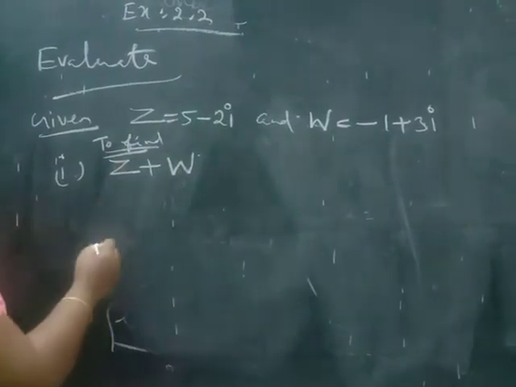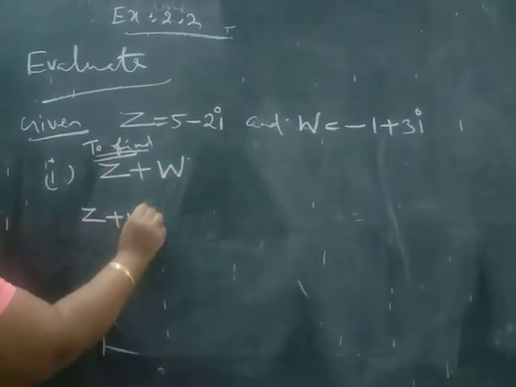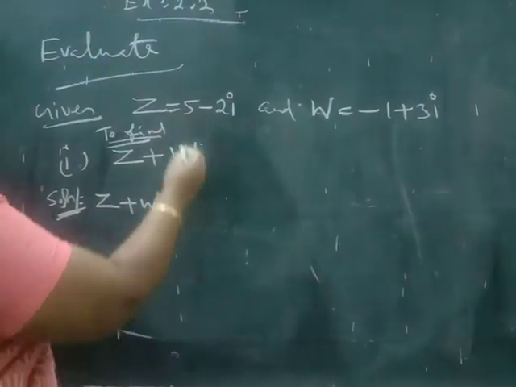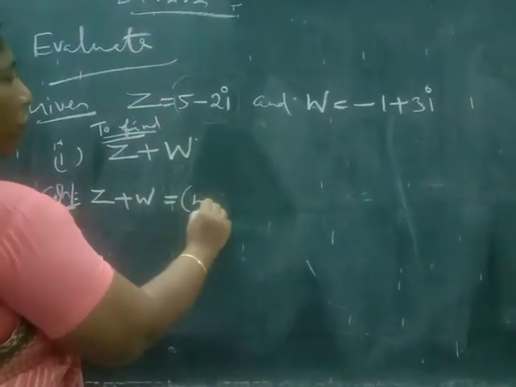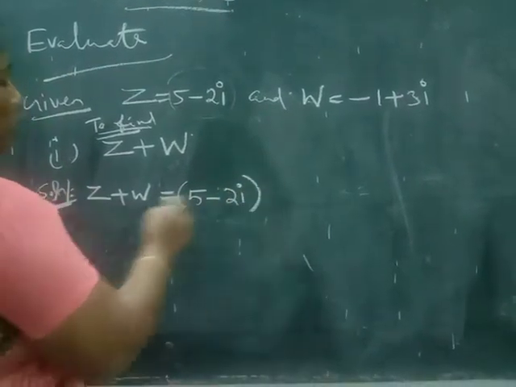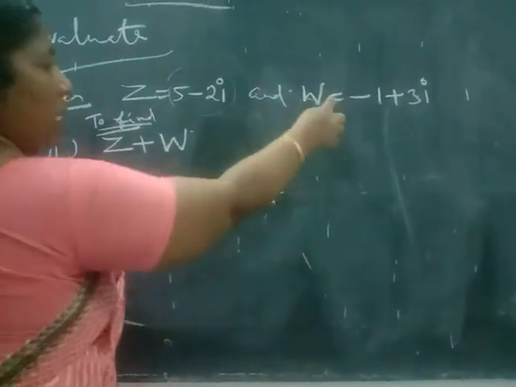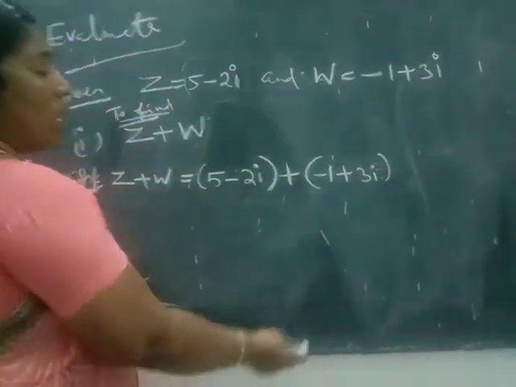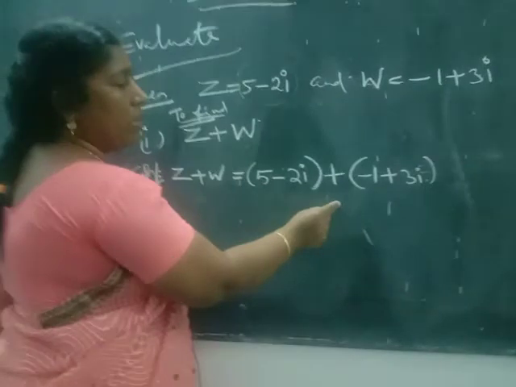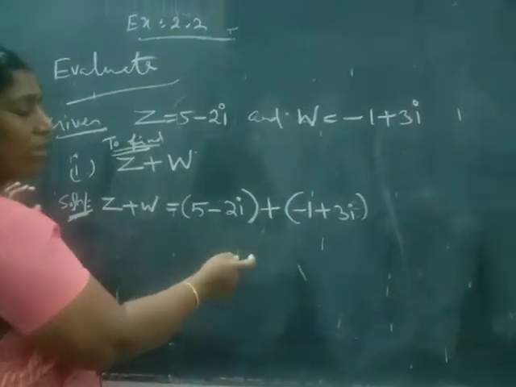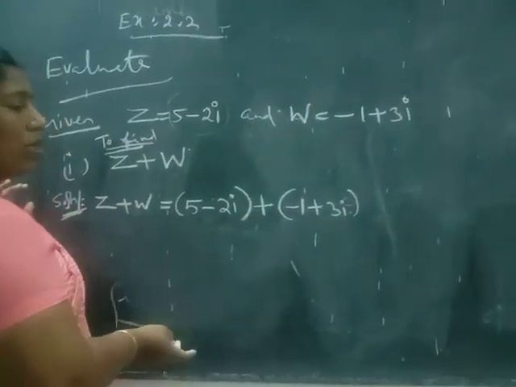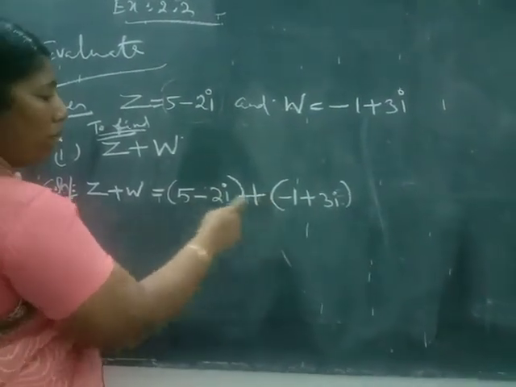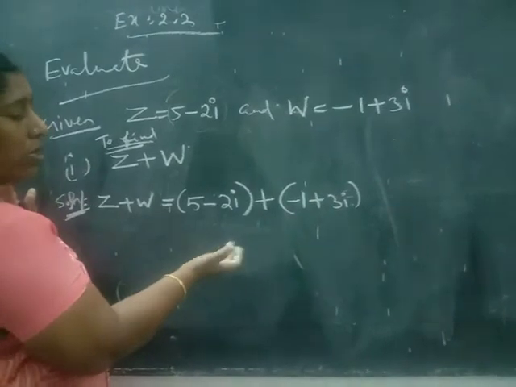Solution: z plus w equals 5 minus 2i, plus, minus 1 plus 3i. Already you have learnt addition of real numbers in previous classes. Here you are going to learn about addition of two complex numbers. How can we add this?